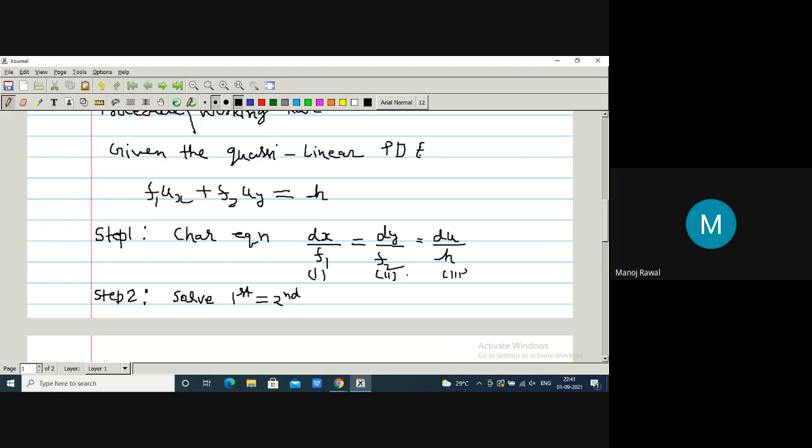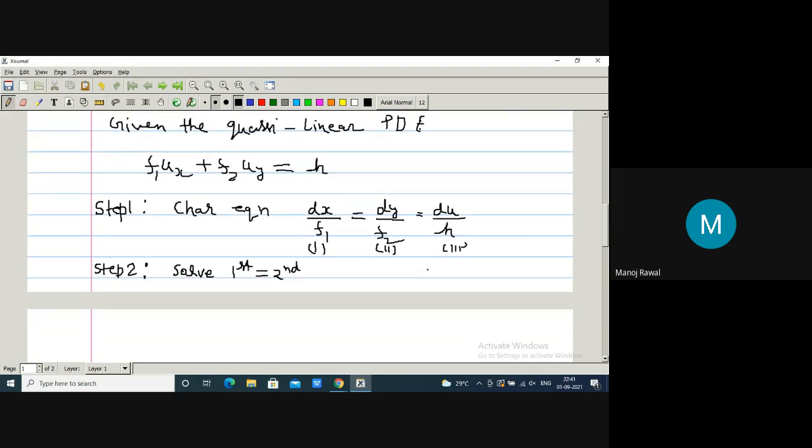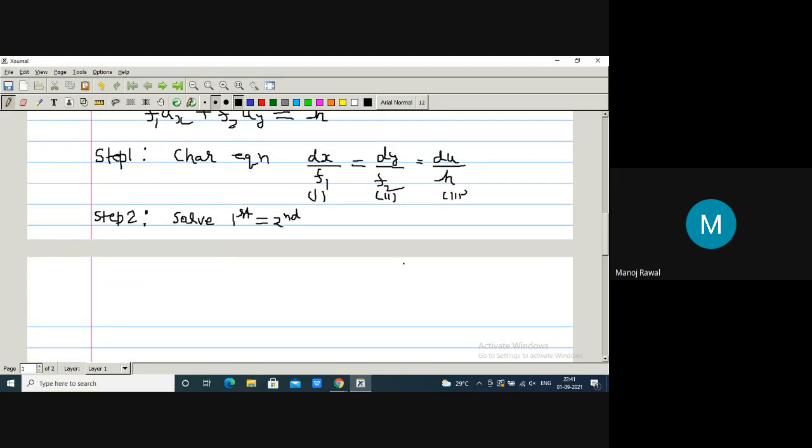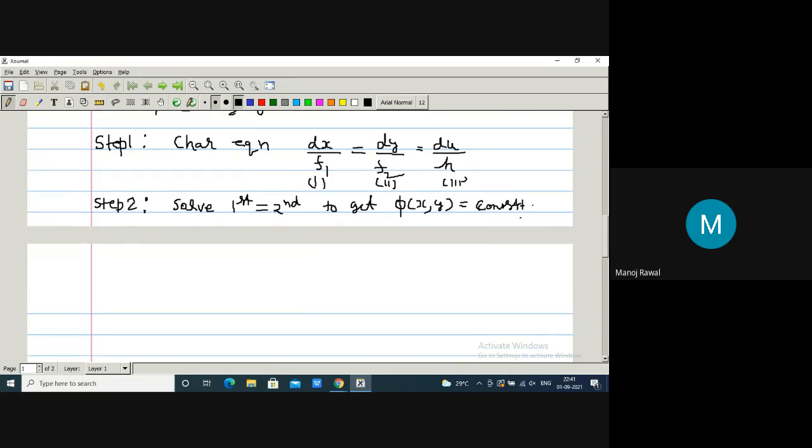First is equal to second we are going to solve to get phi xy is equal to some constant. So this is step 2.